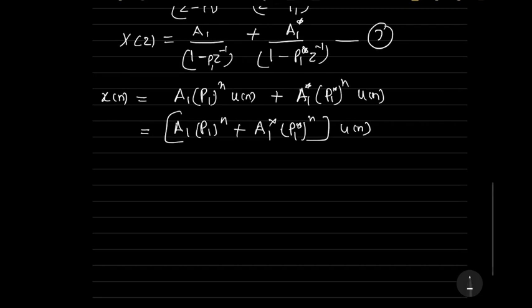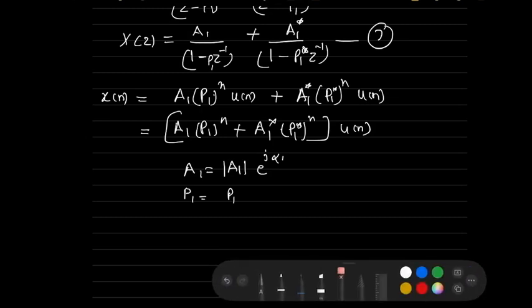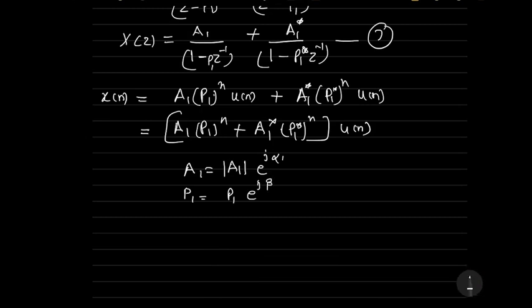Again, as these are complex values, if we write these two complex conjugate poles, we can combine them and form a real signal component. For that, we will express a1 and p1 in polar form. So a1 is equal to its magnitude |a1| and its phase alpha, and p1 is |p1| into e to the power j beta 1.